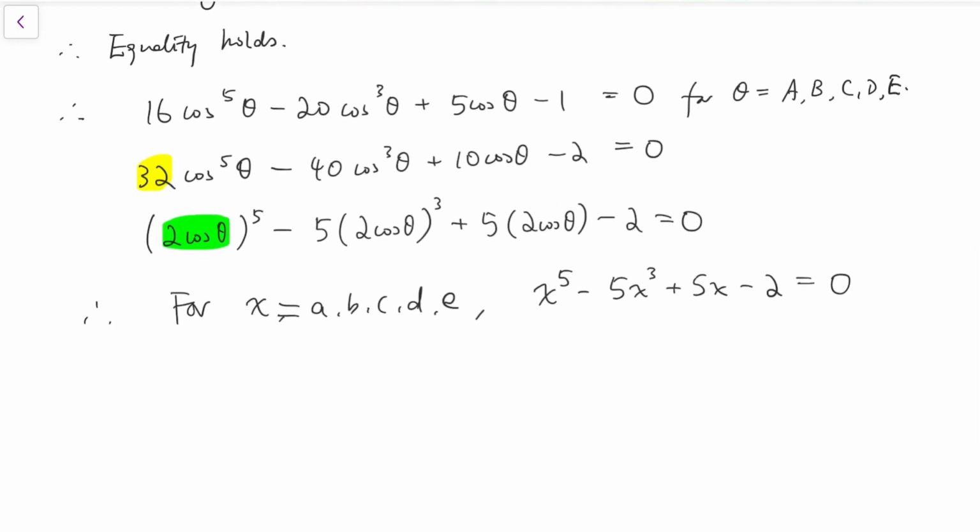But for this quintic equation, we can actually factorize it. If you try putting some numbers inside, you'll notice that if you put x equals 2, then the equation holds as well. So x minus 2 is a factor, and we can further divide.